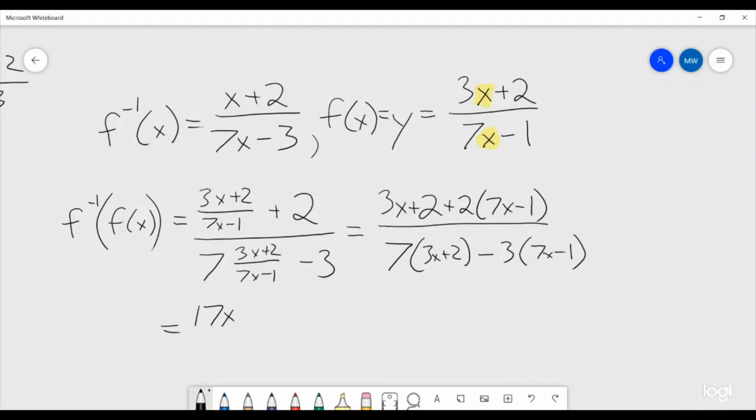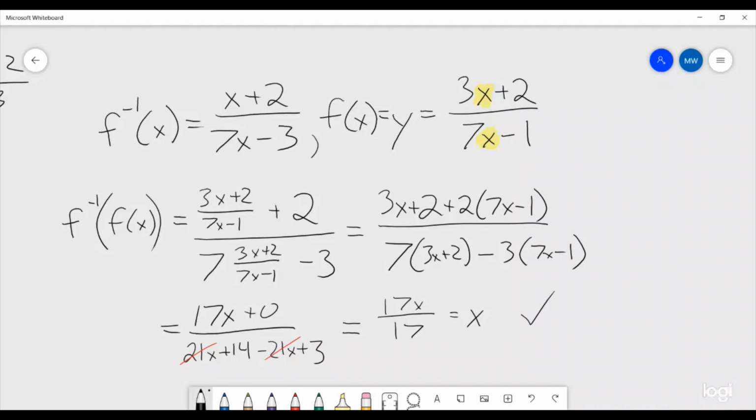And we have a plus 2 and a minus 2, so plus 0. And on the bottom we have 21x plus 14 minus 21x plus 3. The 21x and this 21x cancel. We're left with 17x over 17, which is equal to x.